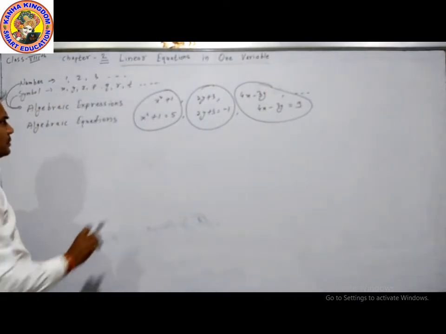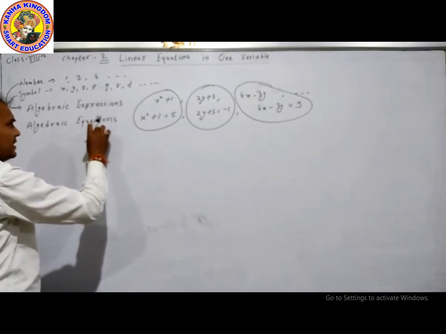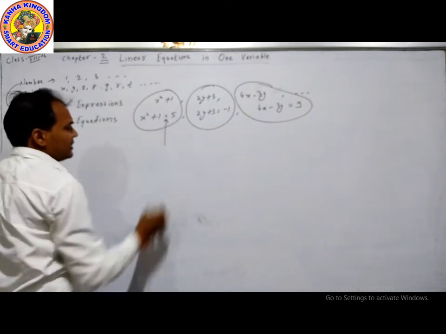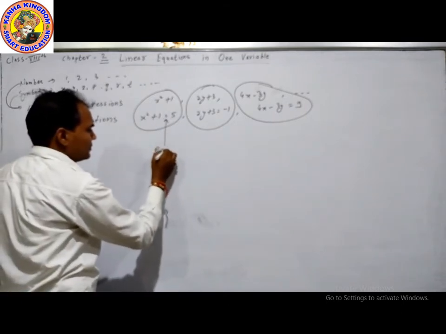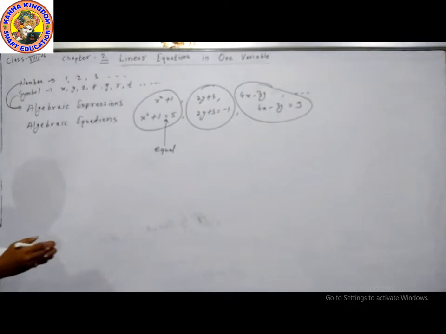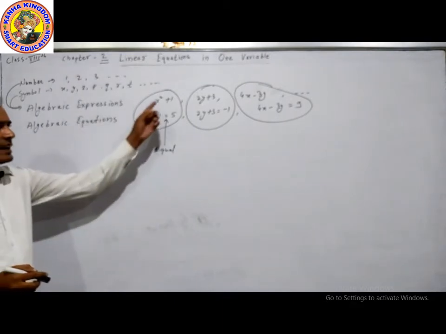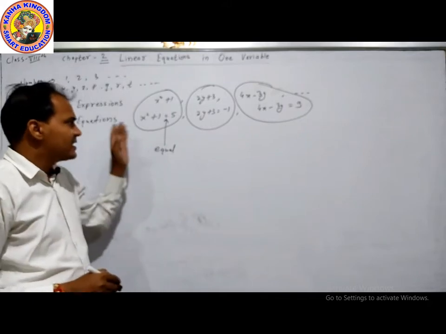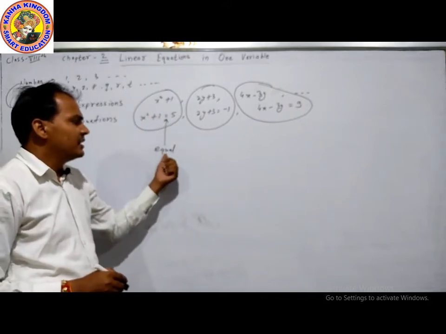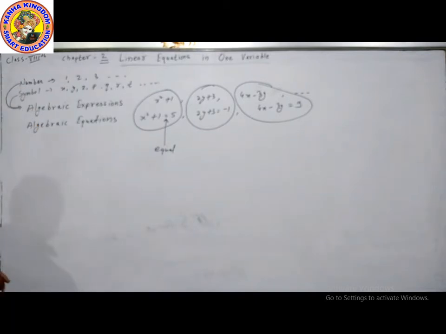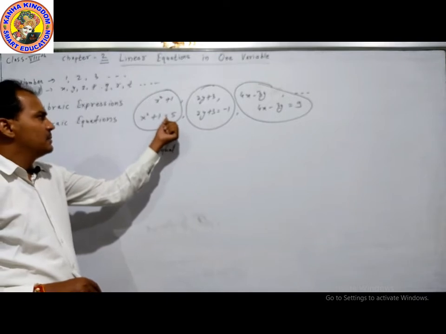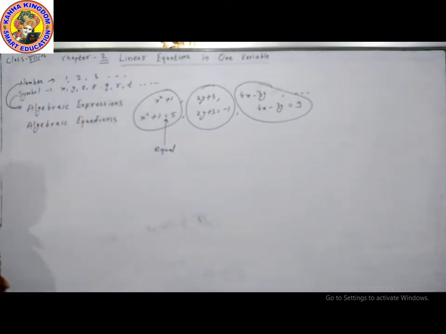By seeing these examples, the difference between expression and equation is only the equal sign. In an algebraic expression, there is no equal symbol. In an algebraic equation, we use the equal symbol. So when in any expression we use the equal symbol, then it is called an algebraic equation.